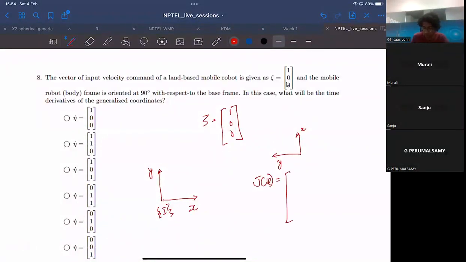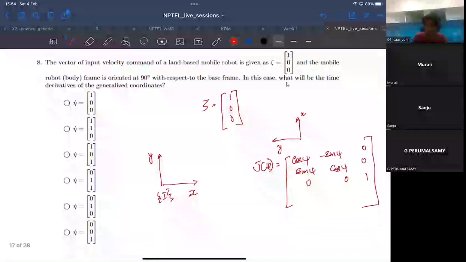The general form of the Jacobian matrix was cos psi, minus sin psi, 0; sin psi, cos psi, 0; 0, 0, 1. Since a mobile robot can only rotate about its vertical axis, this would be the general form of the rotation matrix or the Jacobian matrix.